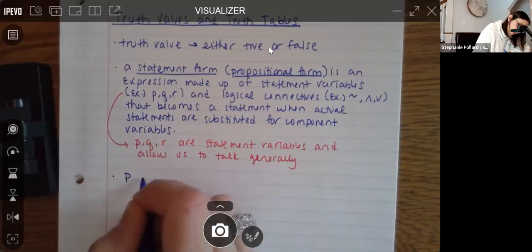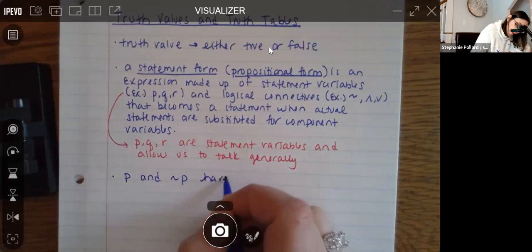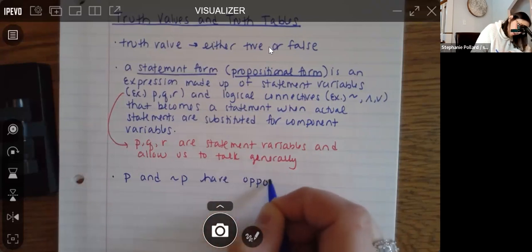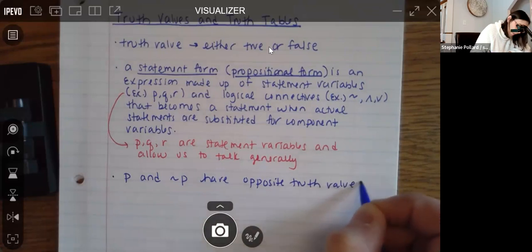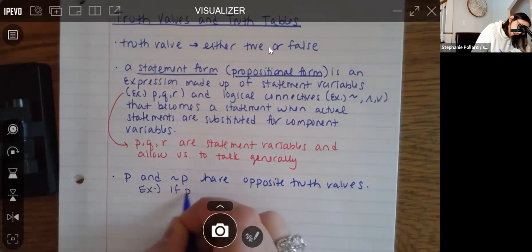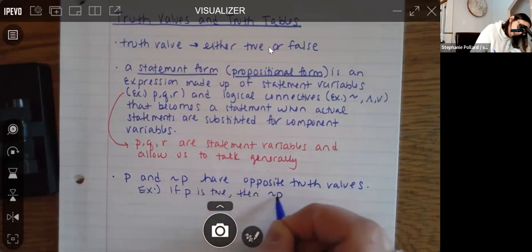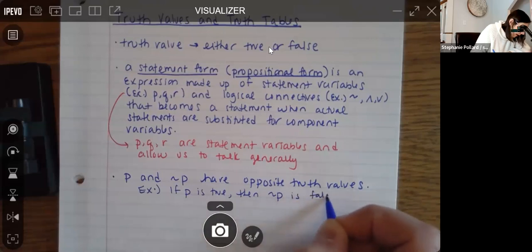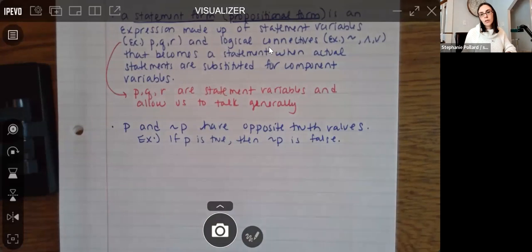Also, P and not P have opposite truth values. So if P is true, then not P is false, and vice versa. Remember, statements are either true or false. So if P happens to be true, then not P would have to be false.